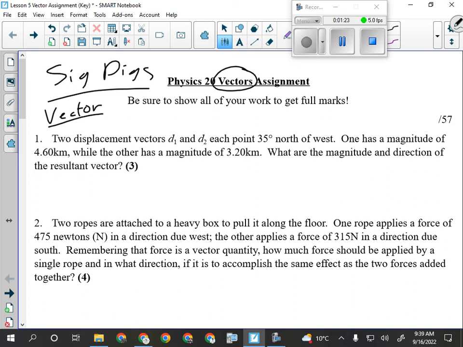Now, on the note of vectors and significant digits, this is something we only kind of touched on. When you're figuring out what your significant digits are, only numbers that are used to calculate something affect your significant digits. So it is possible for you to have a magnitude that has one number of significant digits and a vector that has a different number of significant digits.